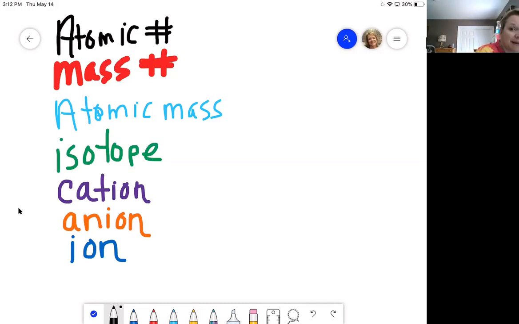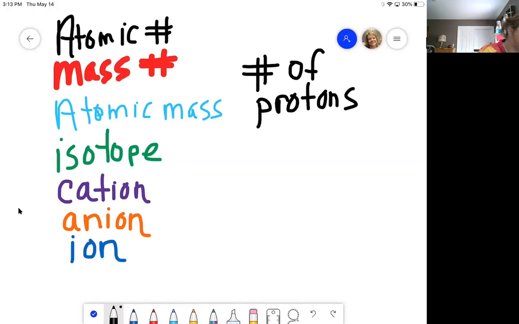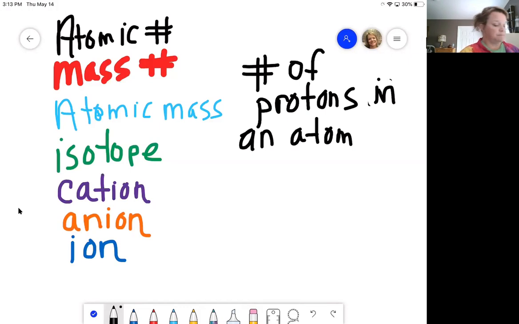The atomic number, by definition, is the number of protons in an atom. Okay, it identifies who the element is.